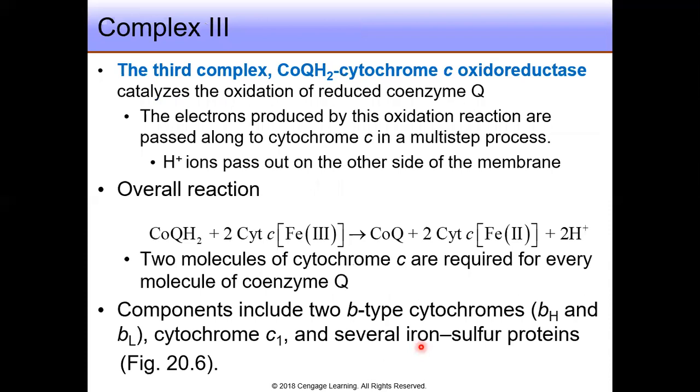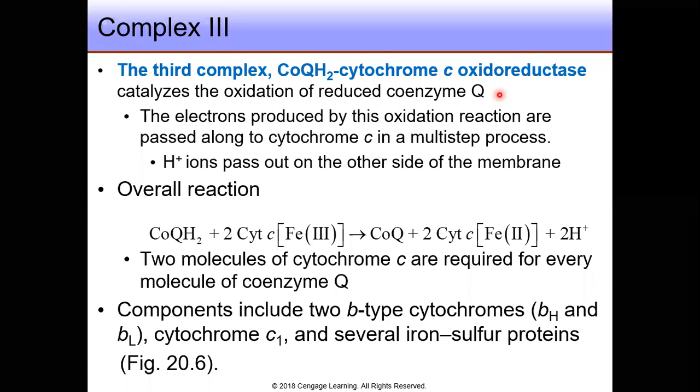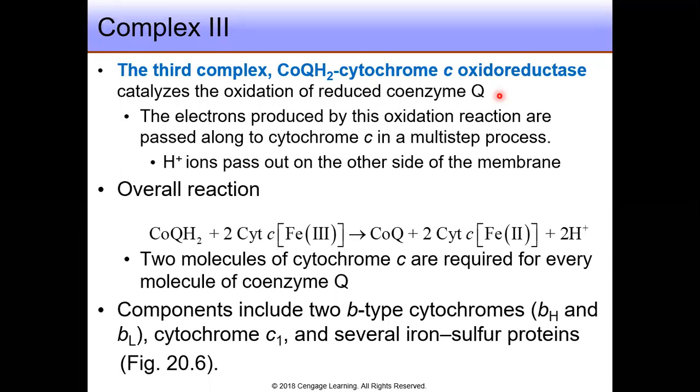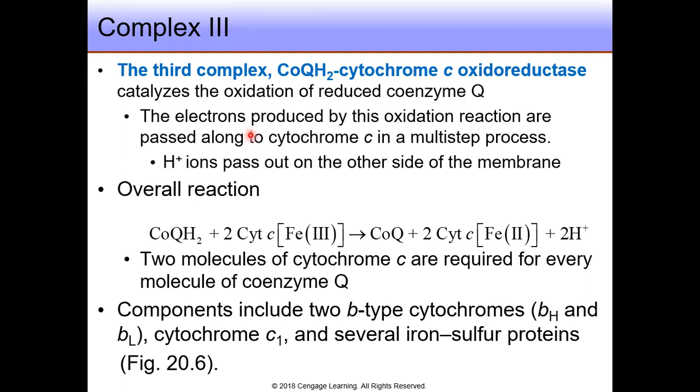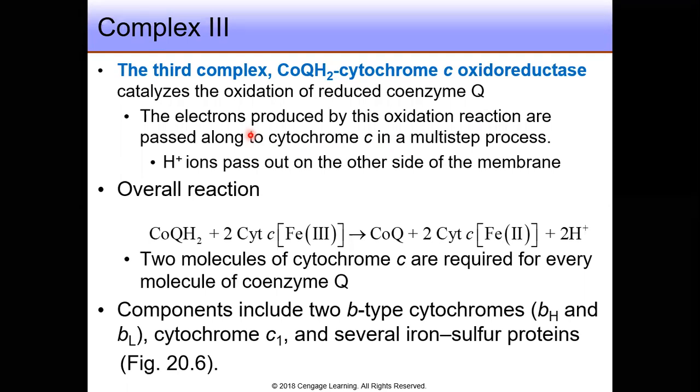Then we go to complex 3. The third complex is called CoQH2 cytochrome c oxidoreductase, also called cytochrome reductase. So it has two names. It catalyzes the oxidation of reduced coenzyme Q, CoQH2.